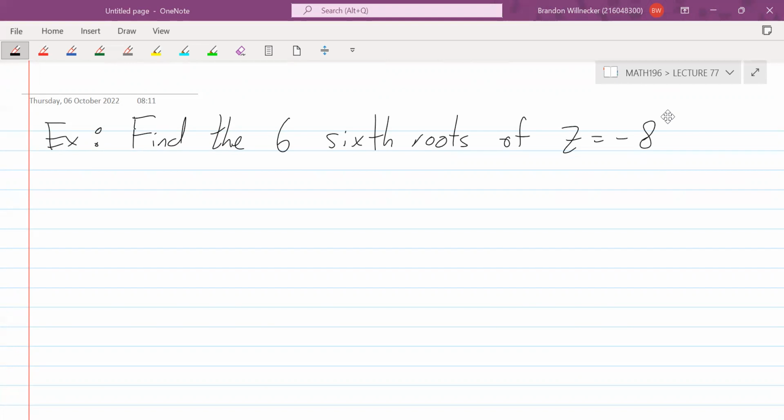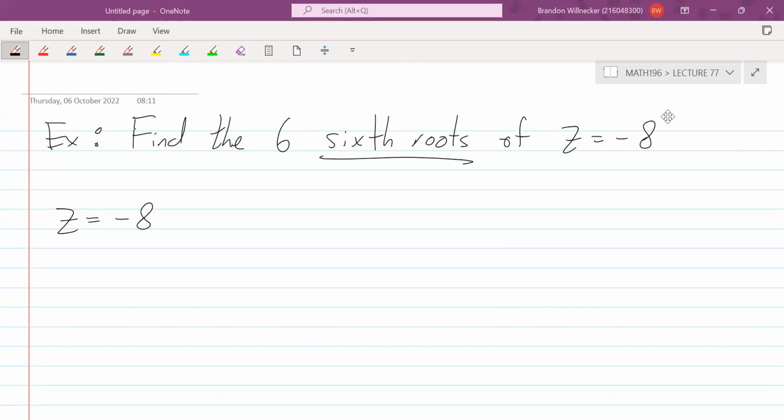Since we are taking the sixth root, we're going to have 6 solutions to this. The first thing we need to do is write this complex number z in polar form. So z is equal to minus 8.